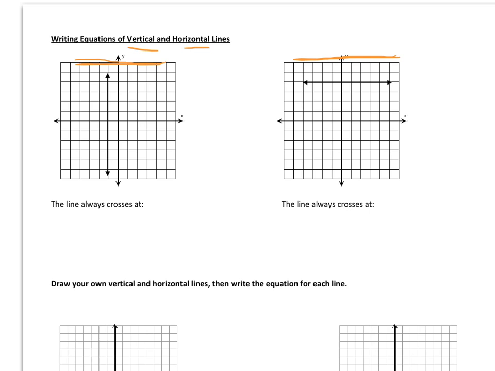You should have written down this first one is vertical. The second one is horizontal. You have to remember those, vertical versus horizontal. When we have these, we're going to ask ourselves two simple questions. The first question is, which axis does the line cross?